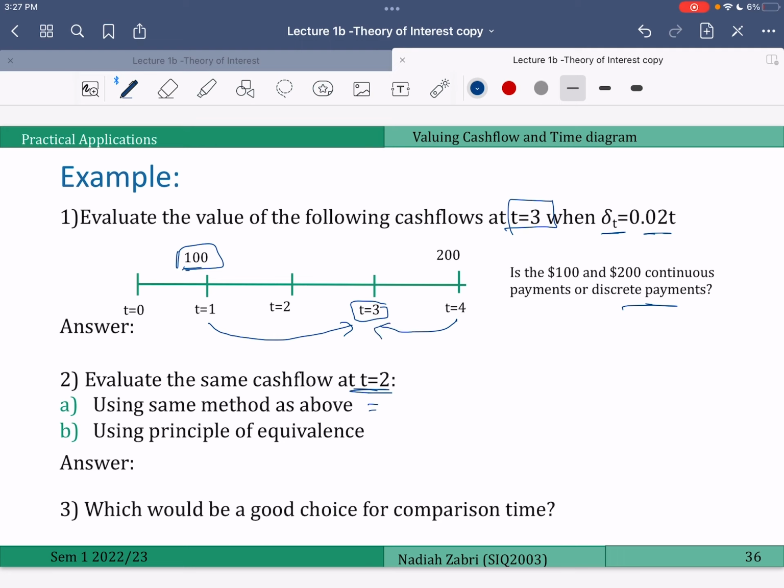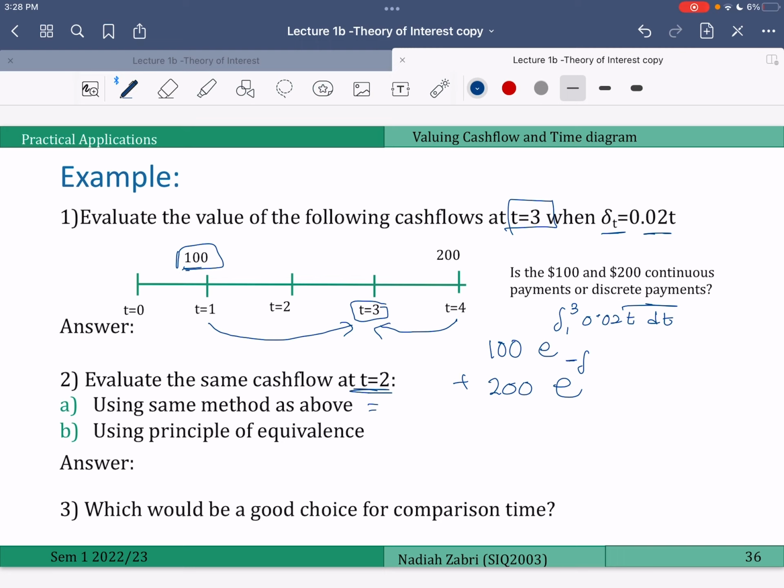Let's do it. For the first one, 100 e to the power of the integral between 1 and 3 of 0.02 t dt, plus the other one, 200. You need to find the present value, so you need to put a negative here.